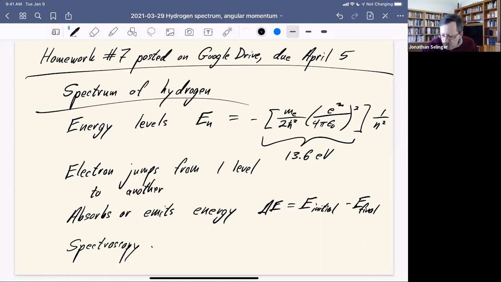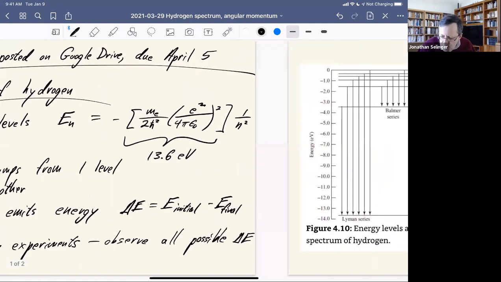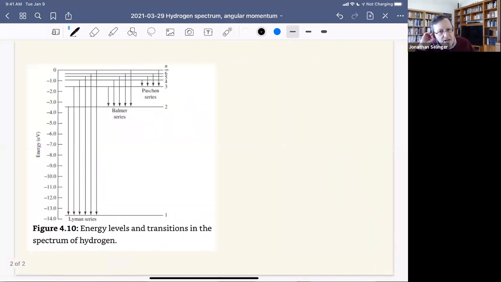So in spectroscopy experiments, people observe all possible delta E's. So this is how people first learned about energy levels of hydrogen, is by seeing what are the differences between the energy levels.